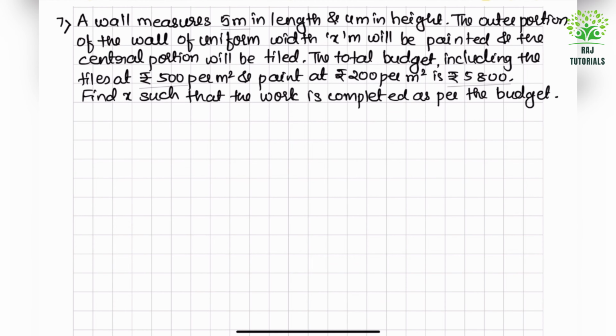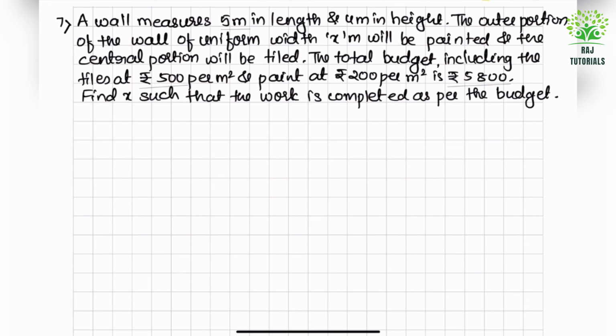Next question says a wall measures 5 meter in length and 4 meter in height. The outer portion of the wall of uniform width x meter will be painted and the central portion will be tiled. The total budget including the tiles at rupees 500 per meter square and paint at rupees 200 per meter square is rupees 5800.